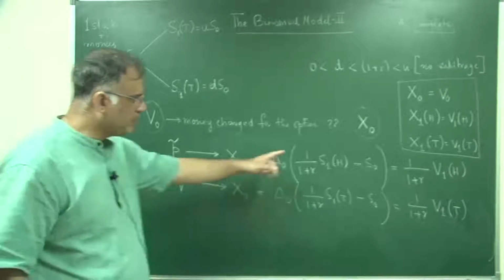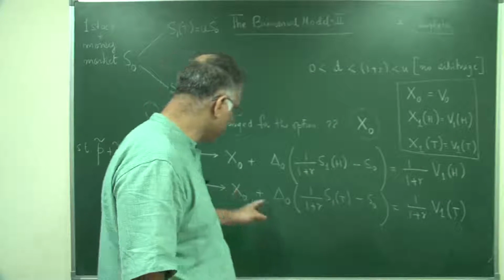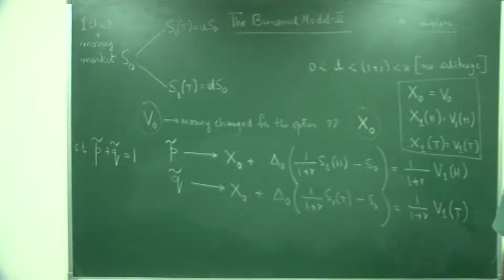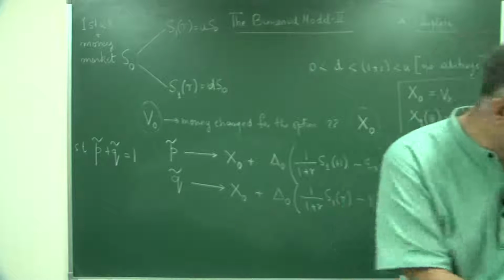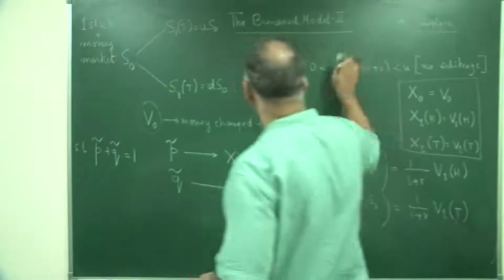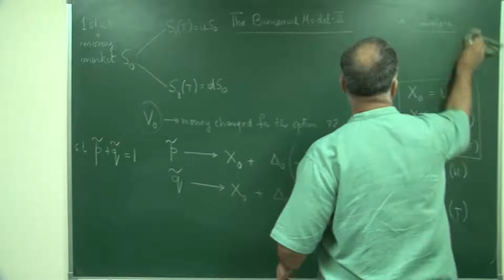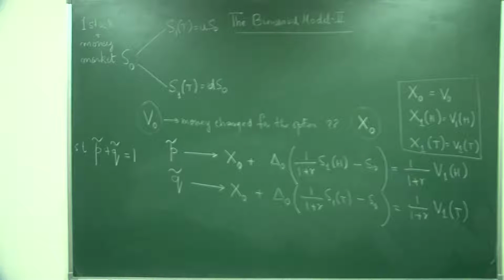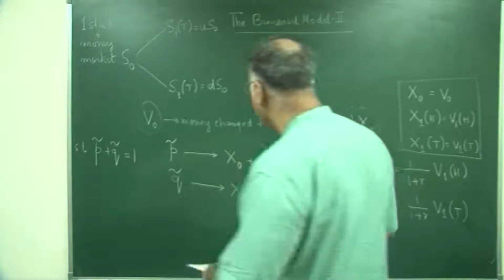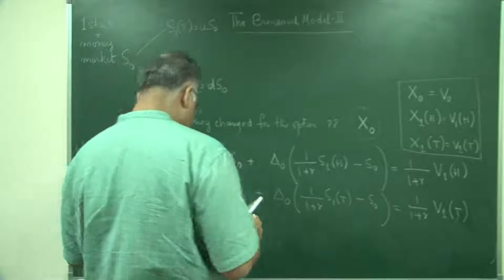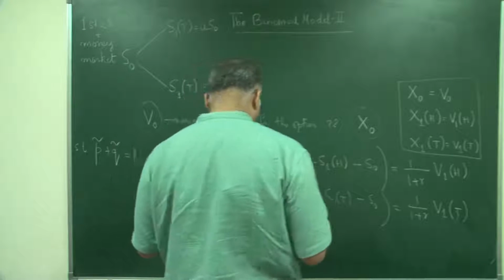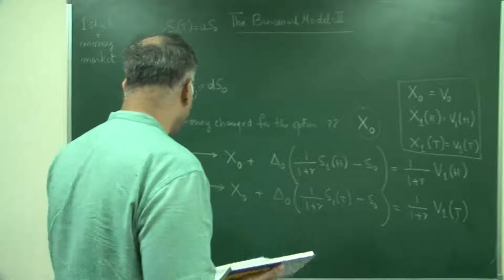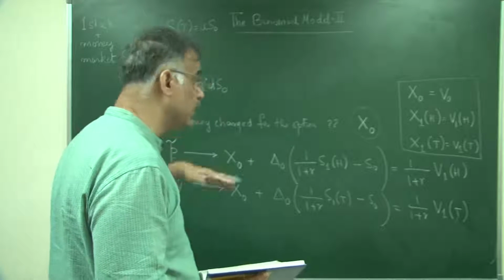You multiply this by p tilde, this by q tilde, and see what happens. These are two quantities such that they sum up to 1. You might think they look like probabilities, but you cannot say that, because we have not said whether p tilde and q tilde are greater than or equal to 0.